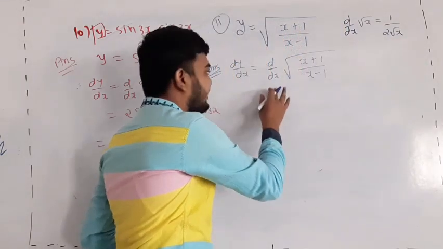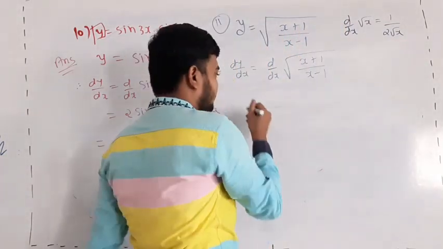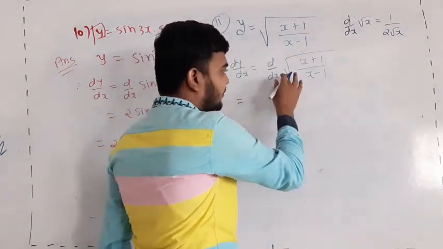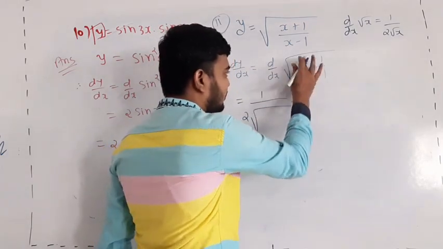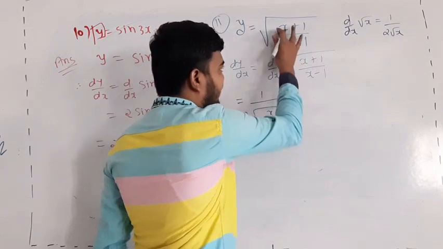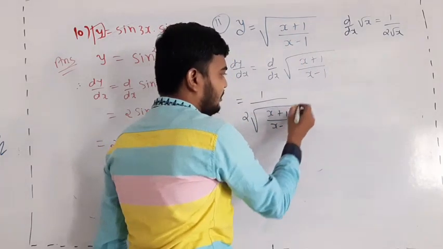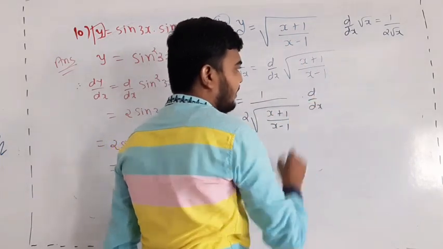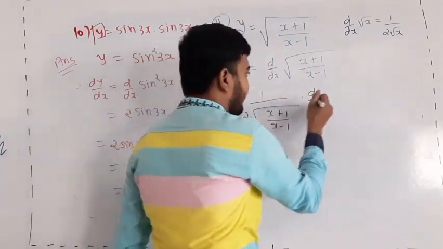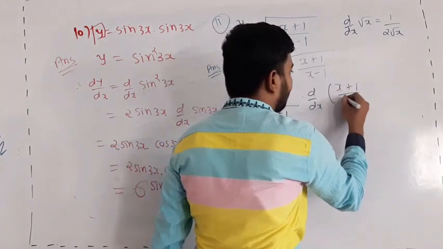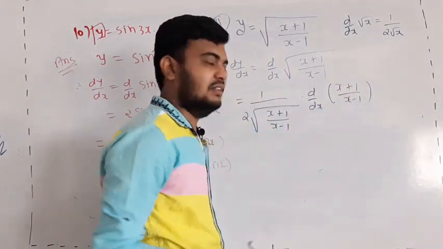So what is d by dx of root of x plus 1 upon x minus 1? First take the differentiation of the root, so 1 upon 2 root variable. Here the variable is x plus 1 upon x minus 1, and the remaining derivative is d by dx of only x plus 1 upon x minus 1.